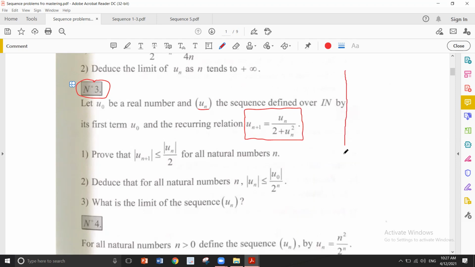نعمل minus. طيب how to subtract؟ Okay, we are going to start like that. You know that U squared N is greater than or equal to 0.